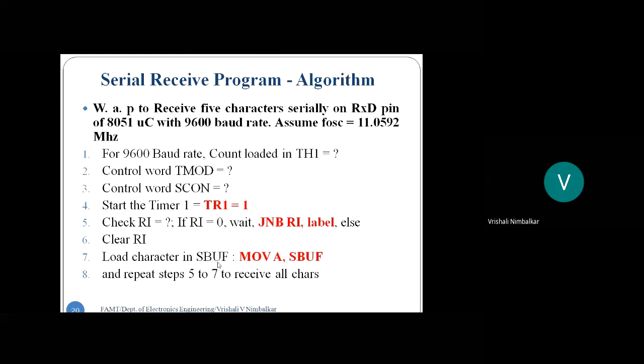The user does not have access to it. It is used by the microcontroller to store the bits as they arrive, one by one. So whatever bit arrives on the RxD pin initially gets saved in that internal shift register. The second bit arrives, it is saved in that shift register. Third bit, fourth bit, and finally when all 8 bits arrive in the internal shift register, the microcontroller picks up those 8 bits from the shift register and loads them in SBUF.